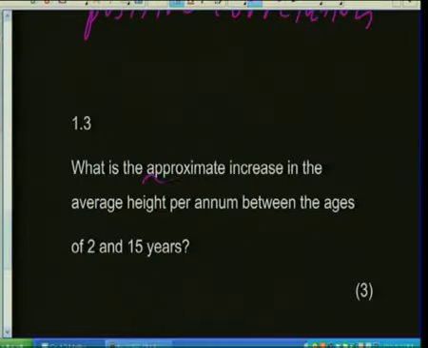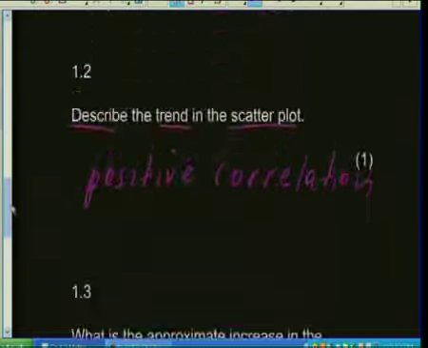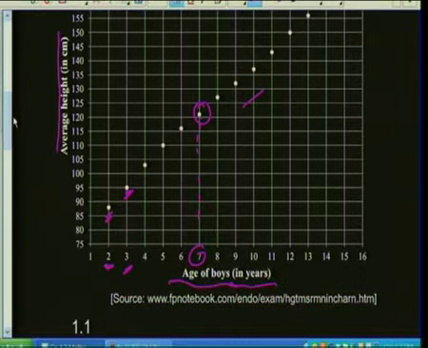What is the approximate increase in the average height per annum between the ages of 2 and 15 years? So the question is, what is the average increase? This is just asking, what is the average gradient?